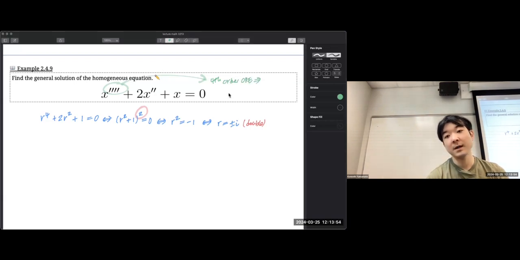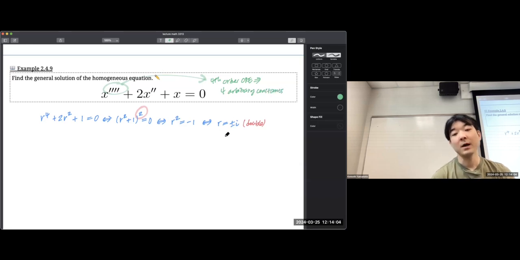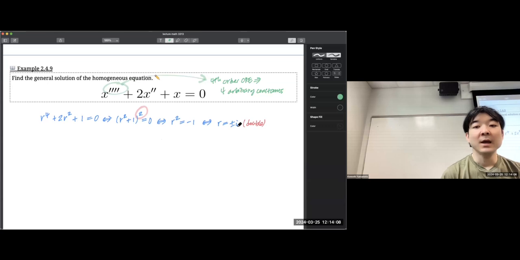So you'd want 4 arbitrary constants, which would only happen if you have four roots up to multiplicity. This just means that positive i is a double root and negative i is also a double root. So you have two double roots, which is equal to 4 up to multiplicity.